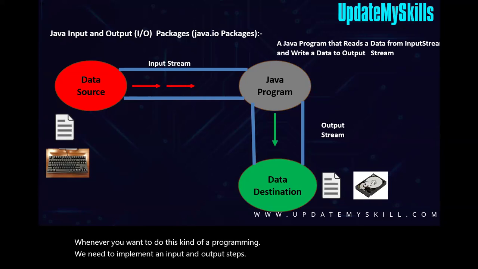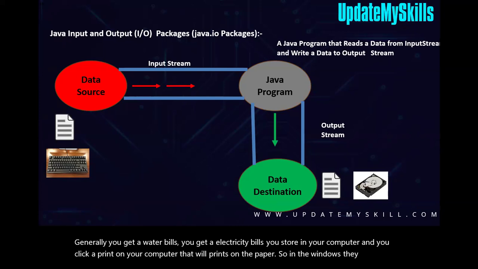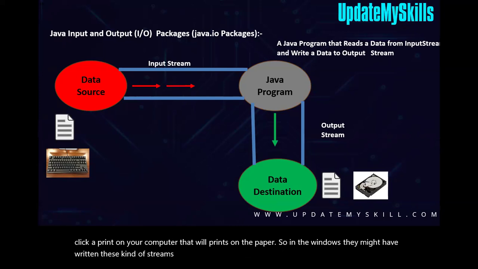Generally, you get water bills and electricity bills, you store them in your computer, and you click print. That prints on the paper. In Windows, they have already written this kind of streams, and they are doing this kind of work for you.